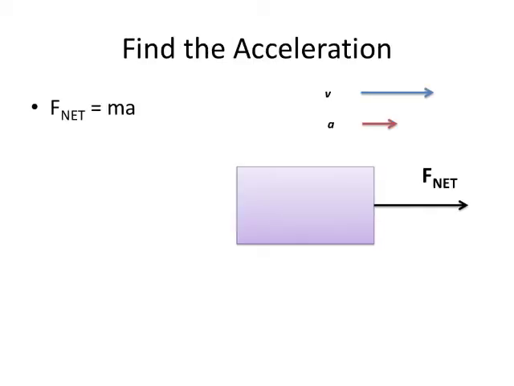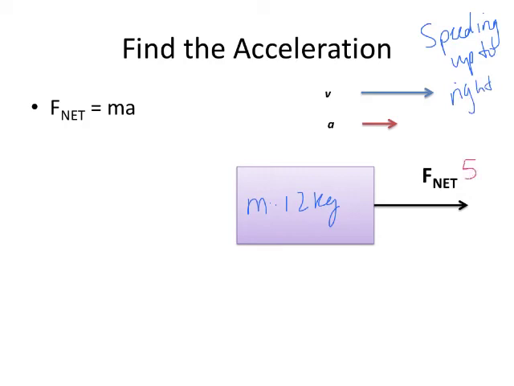So last thing to take with this is if we take our two net force diagrams, we can find the acceleration of those boxes. We know our mass is 12 kilograms. When we're going to the right and speeding up, we knew that our net force was 5 newtons, and it was positive.